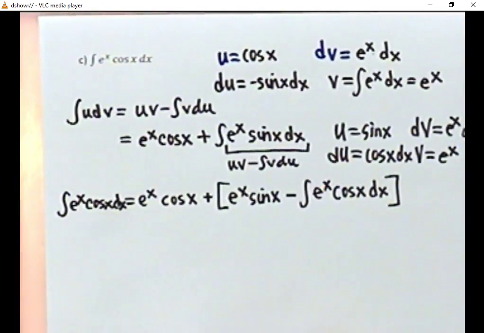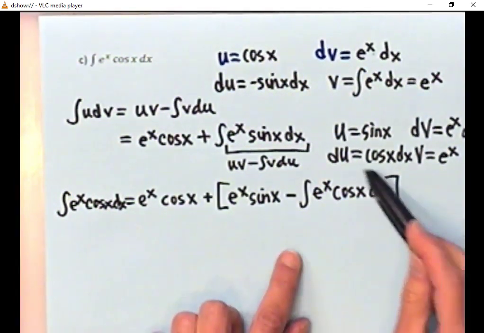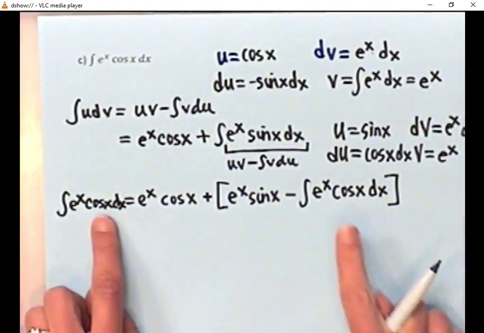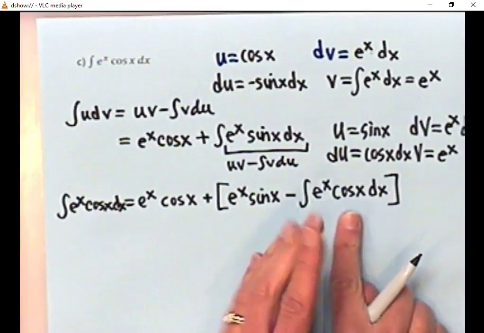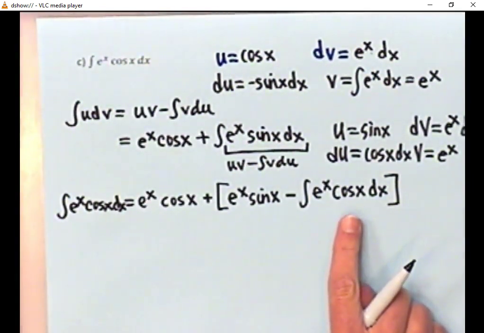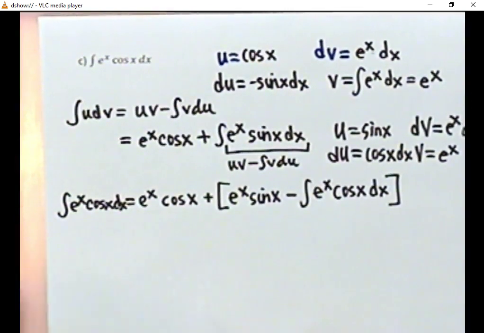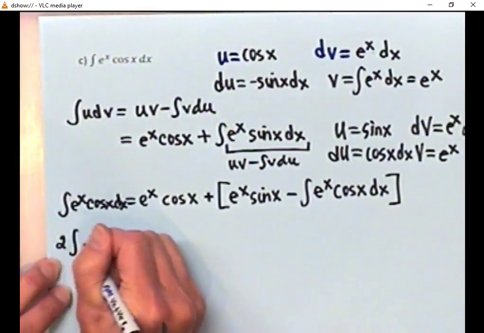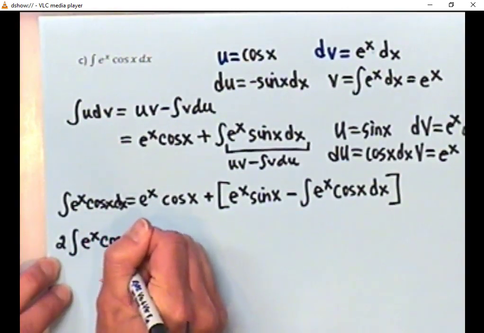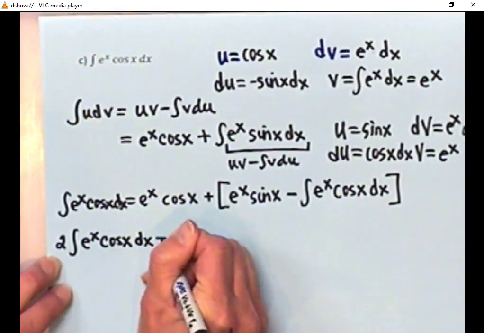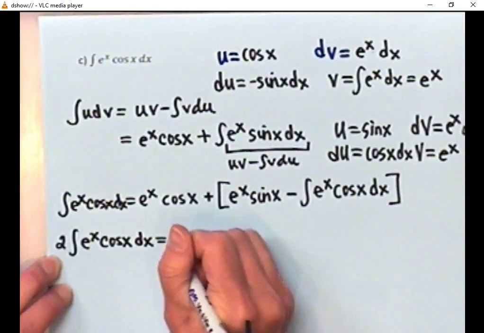So now what we can do is actually solve for this integral. Notice there's one over here. It's being subtracted. I could add it over to the other side. If I add this over, how many of these do I get? 2 of them. So I'm going to add this to the other side.